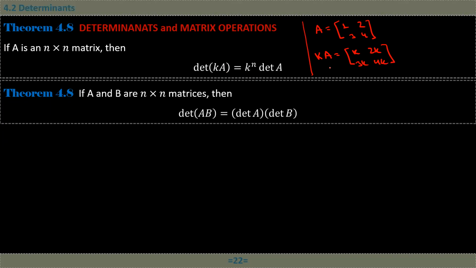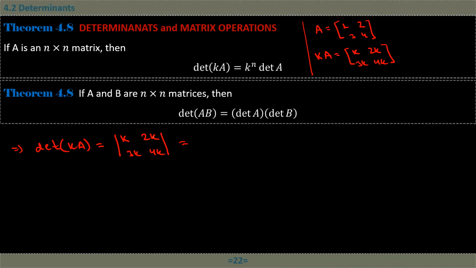Now, the determinant of k times A equals the determinant of this matrix with entries k, 2k, 3k, and 4k.